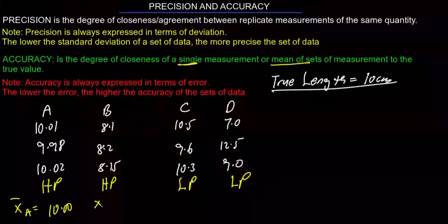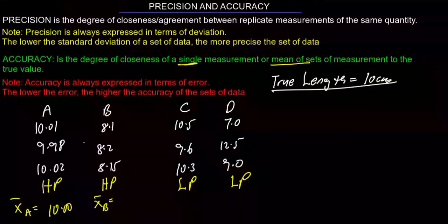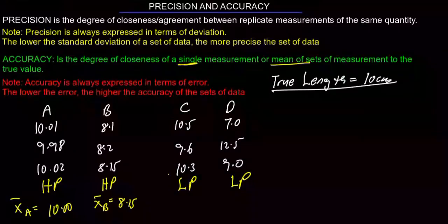Okay, let's look at the mean of B. Mean of B is what? 8.1 plus 8.2 plus 8.15. And if I divide that by 3, I'll have 8.15. Next one, for C, 10.5 plus 9.6 plus 10.3. Divide by 3.